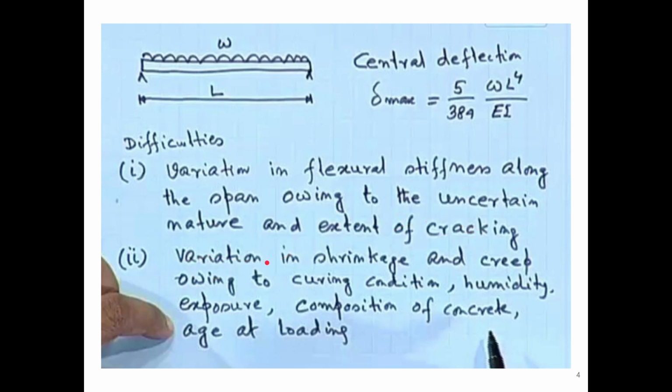Secondly, there is variation in shrinkage and creep owing to the curing condition, humidity, exposure, composition of concrete, age at loading, etc. Because of these reasons there is a substantial amount of deflection, so that's why it is an important criterion for checking.